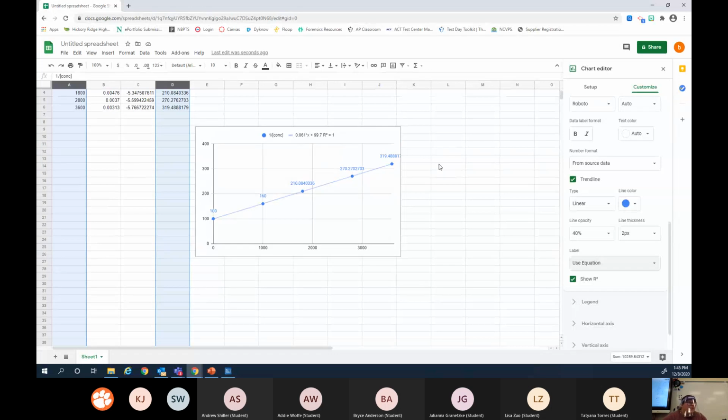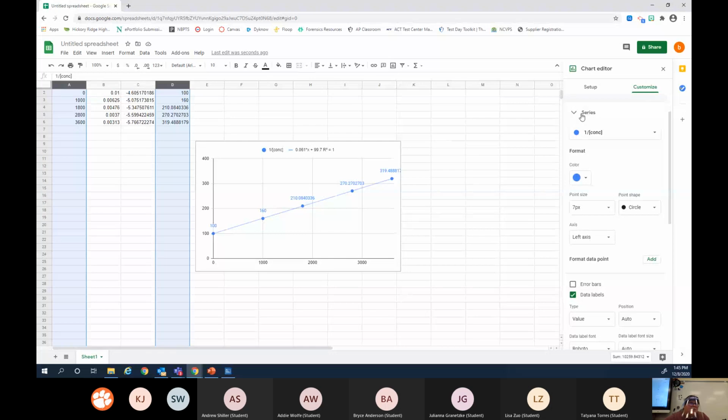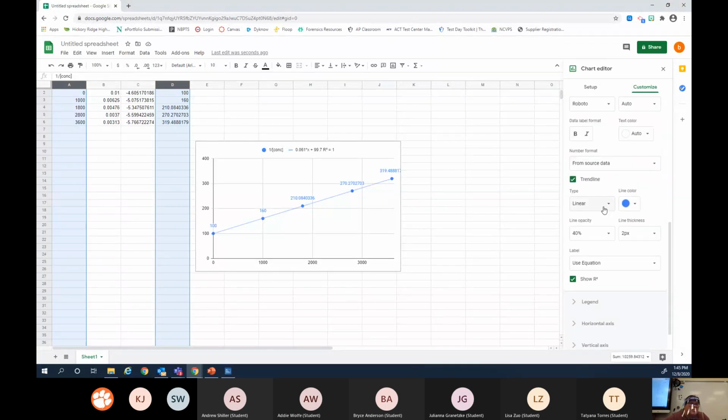For you guys at home, where we were under customize and under series where we had clicked trend line, where it says label under trend line, right above show R squared, click on use equation, and it pulled up the equation for me. You can do this either on the computer using Google Sheets or Excel, or using your calculator, whichever way you are more comfortable with, or whatever you have available if you don't have a graphing calculator.